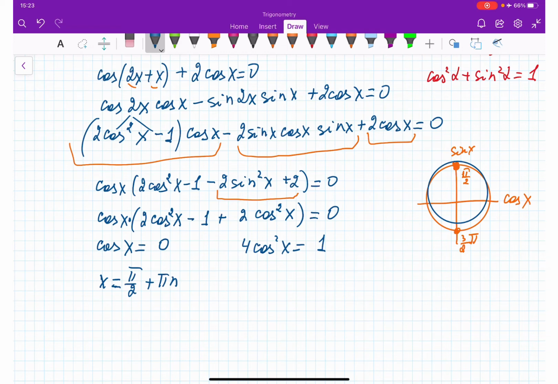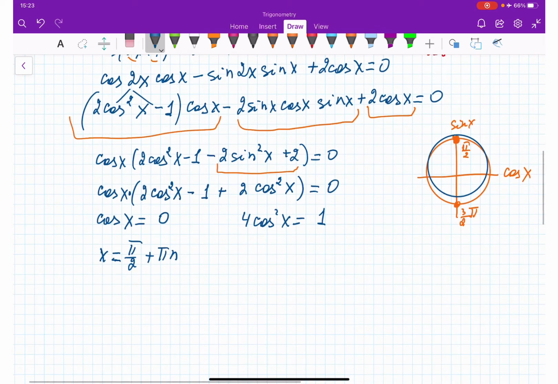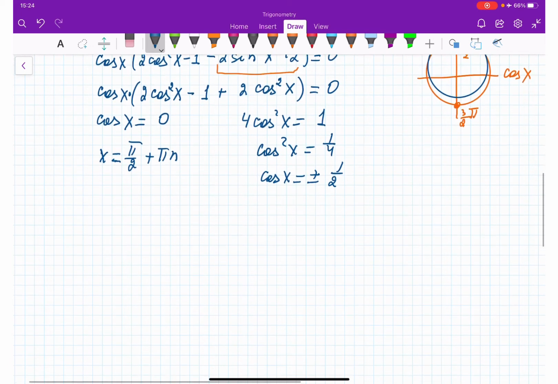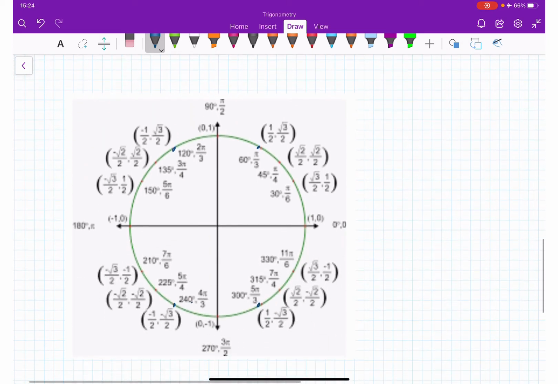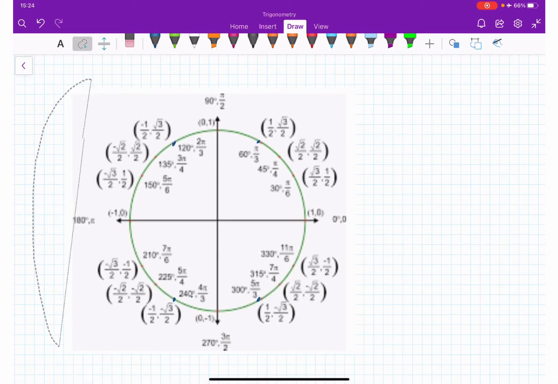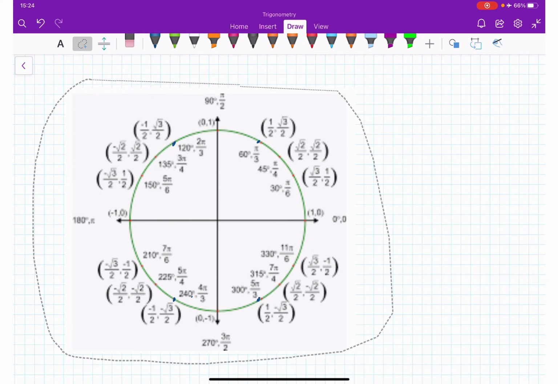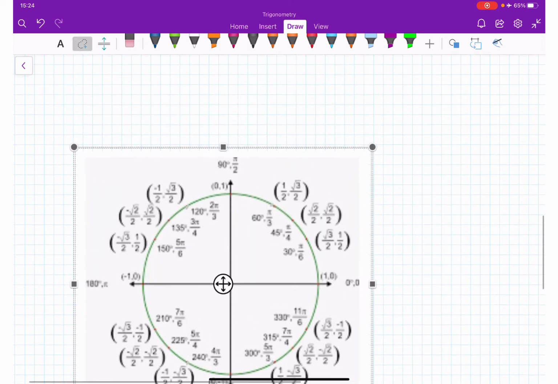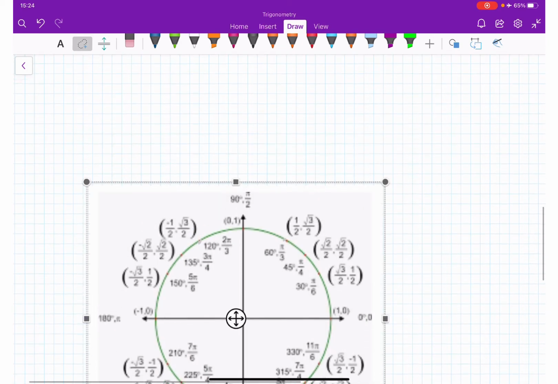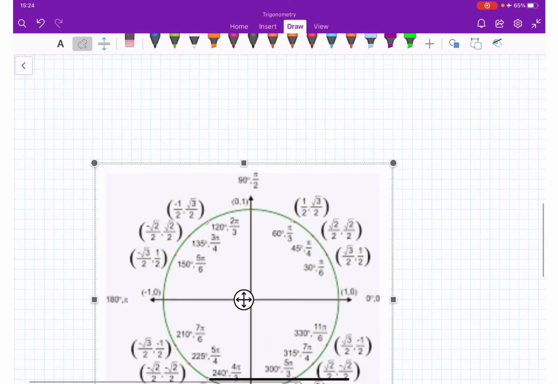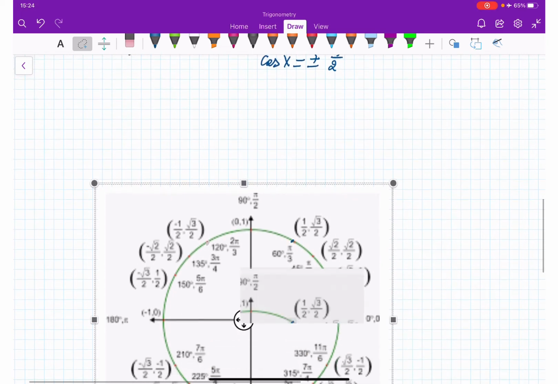Now for 4 cosine square x is equal 1, that means cosine square x is equal 1/4, and cosine from here is equal plus minus 1/2, right? So when our cosine has 1/2, let me bring up this unit circle. Oh, okay. Here it is.